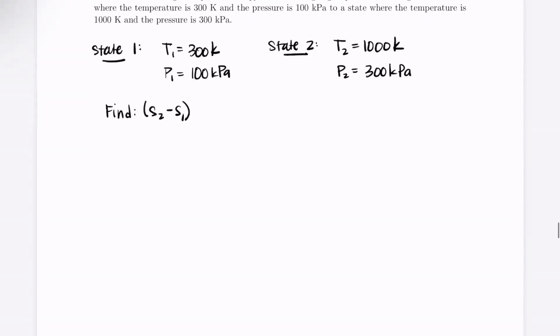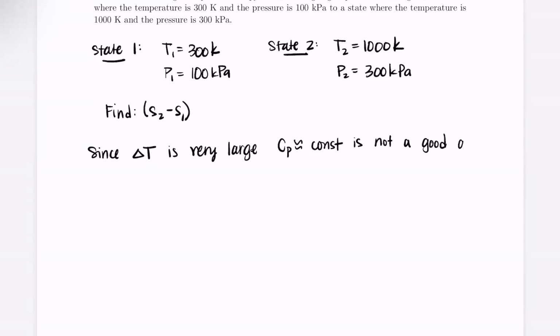So we will use, since delta T is very large, CP is a constant is not a good assumption. So instead, we're going to use the following.